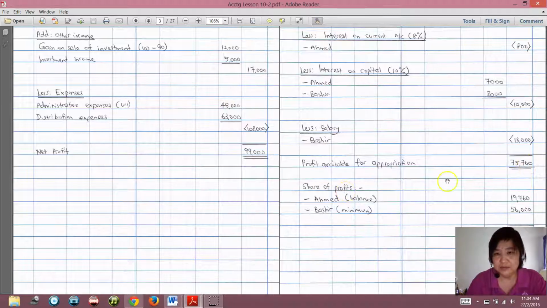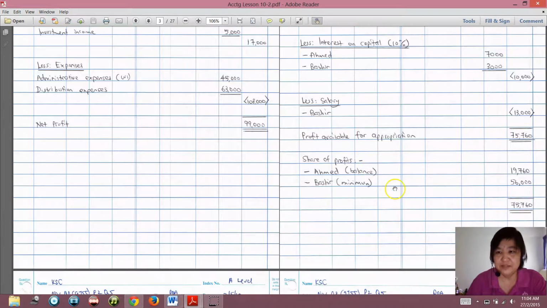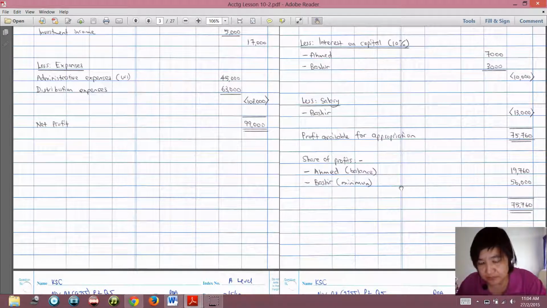So this so-called profit available for sharing by the partners is 75,760. Then share of profit, how are they going to share? The question says at the top that they share residual profit equally, except that Ahmad guarantees Bashir a minimum total profit share from the partnership of 56,000.